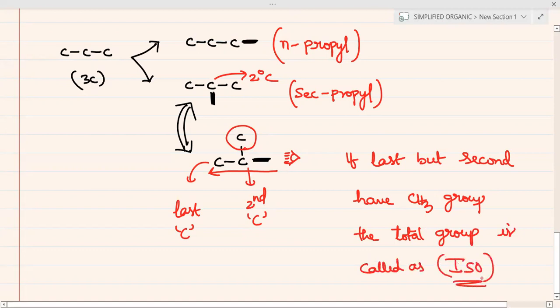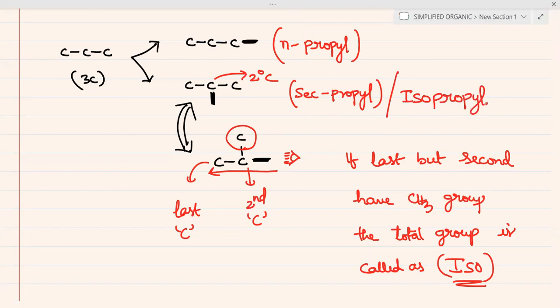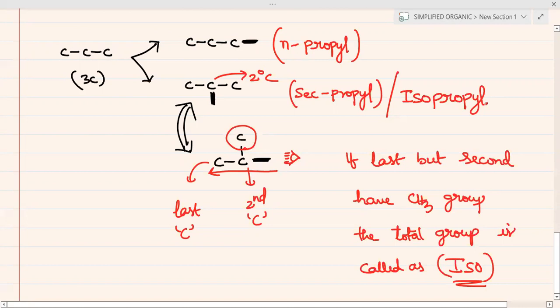Very important. So I can also call this branch iso, and the total number of carbons is 3, so it is called isopropyl. So with 3 carbons, I can get 2 branches. One is N-propyl and the other one is secondary propyl, also called isopropyl.